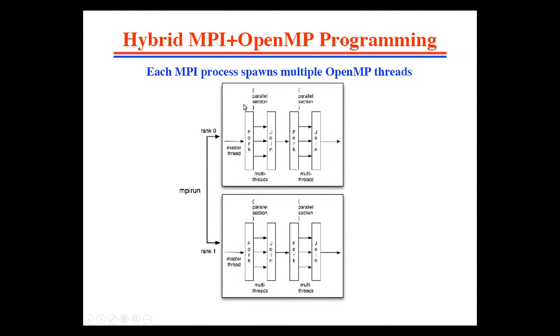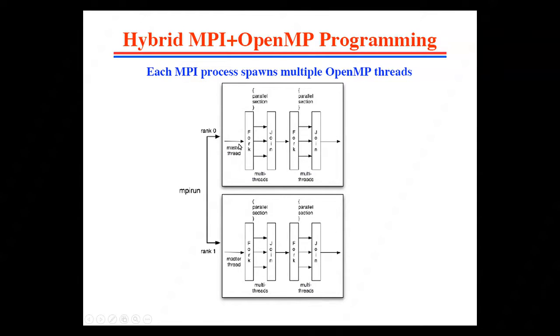This is one node, this is another node, and on each node you run only one MPI process.